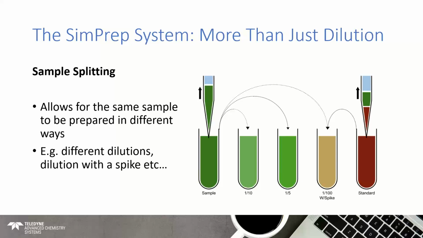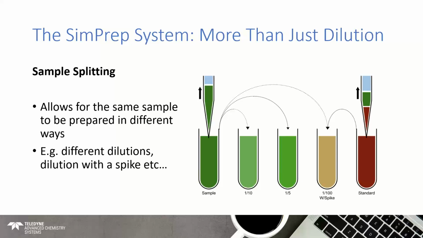So for example here, again, if you look at the image here, you start off with an aliquot of sample from the dark green solution in the sample tube. You might want to do a 10x dilution there, so that takes you to the next tube over, as well as a 5x dilution, which is the next tube over. Again, so you've now got two samples from the original sample.